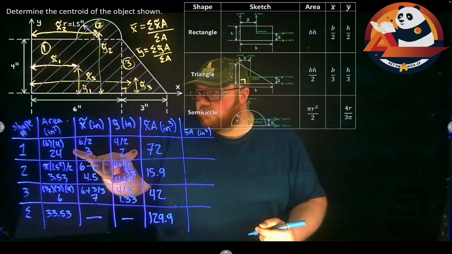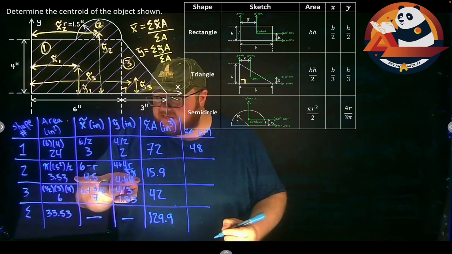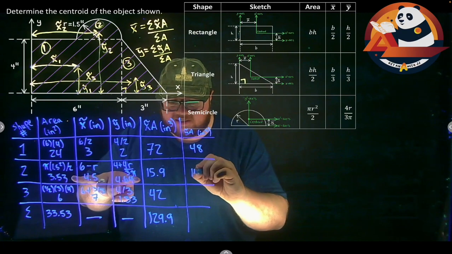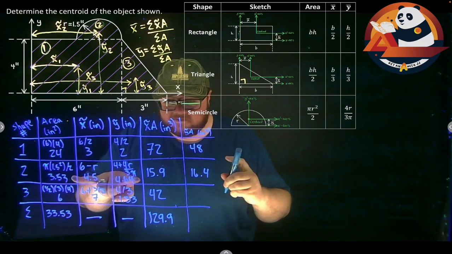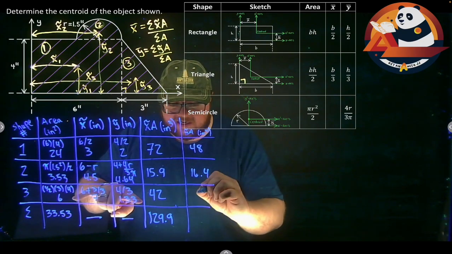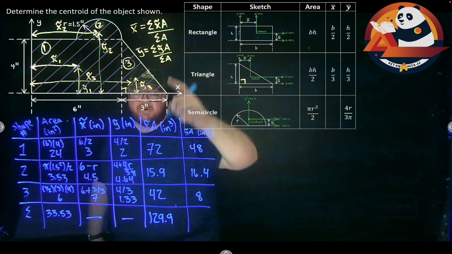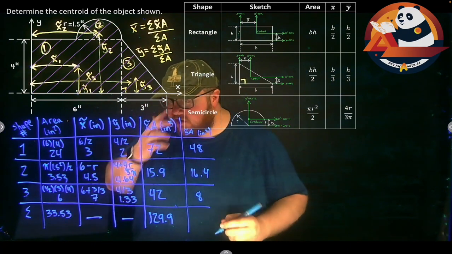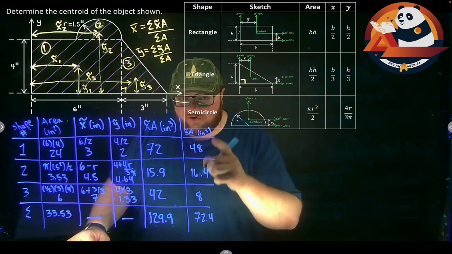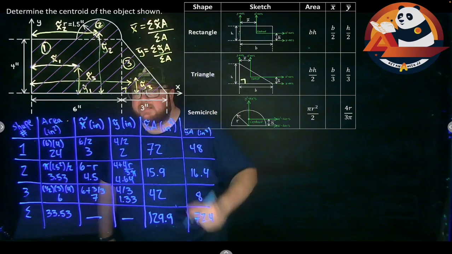Y tilde 2 times 24 is 48. 4.64 times 3.53 for shape 2 is going to get me 16.4. 6 times 1.33 is going to get me 8. And adding that column up, because I have a sum of my y tilde a, my total y tilde a is 72.4 inches cubed.